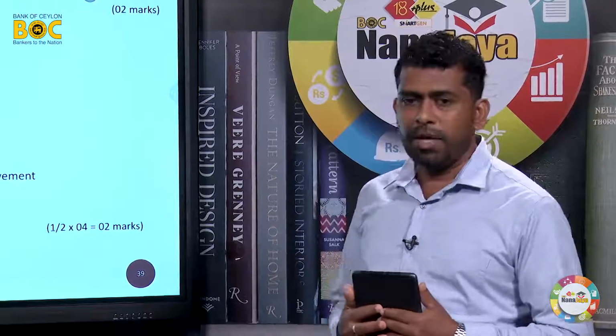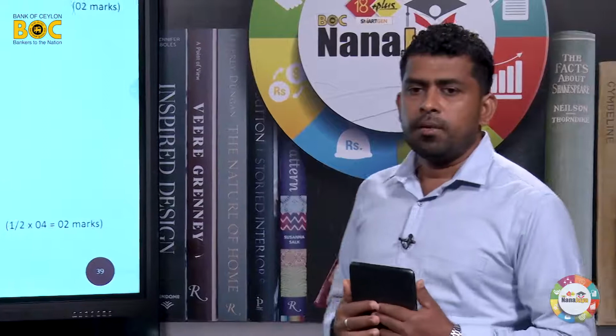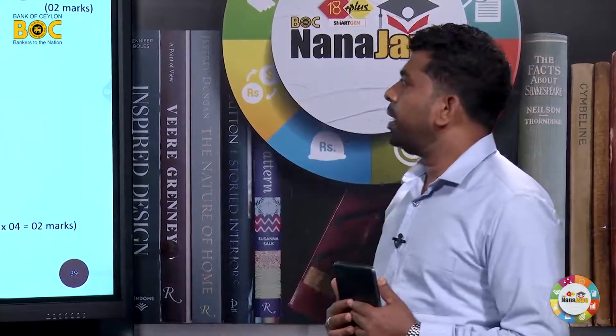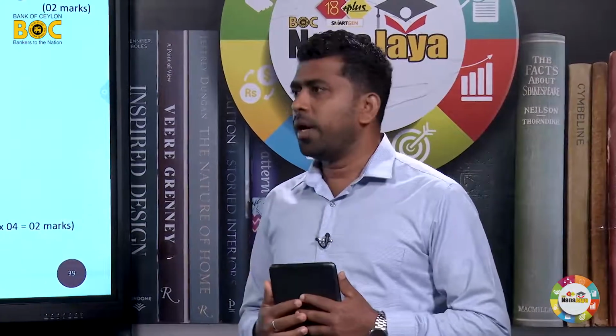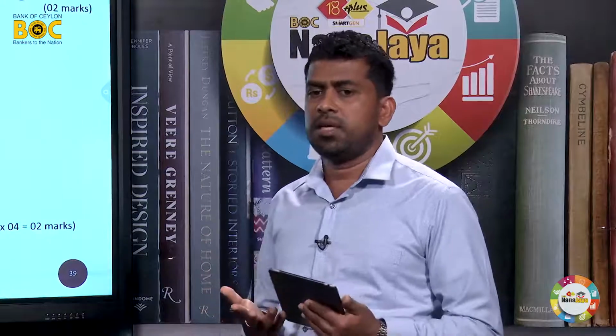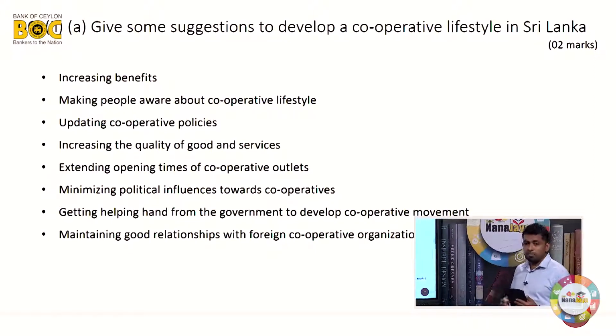By increasing benefits, we can attract more members towards cooperative societies. Making people aware about cooperative lifestyle. There is no cooperative education in Sri Lanka today, so increasing such education can help collect more members around cooperative societies.